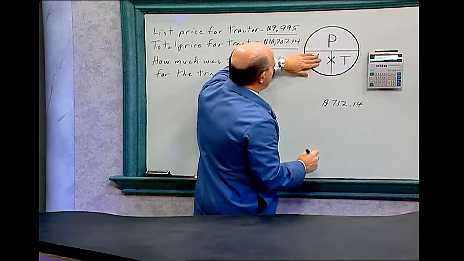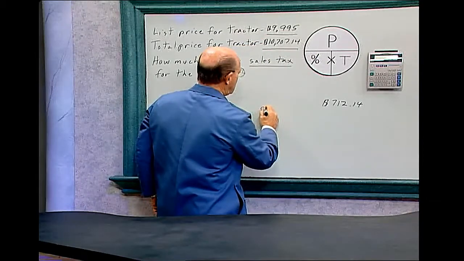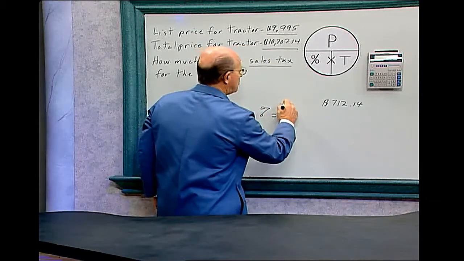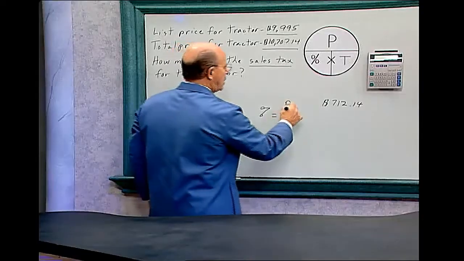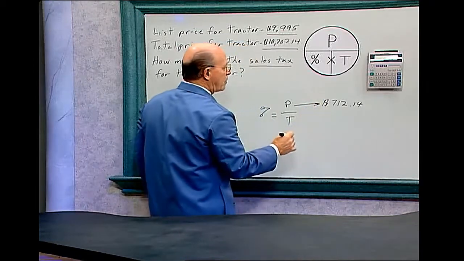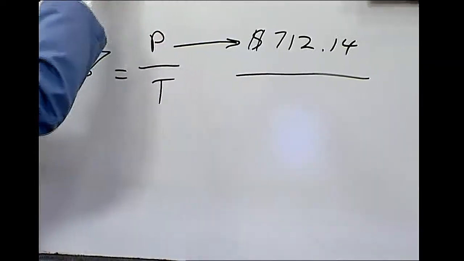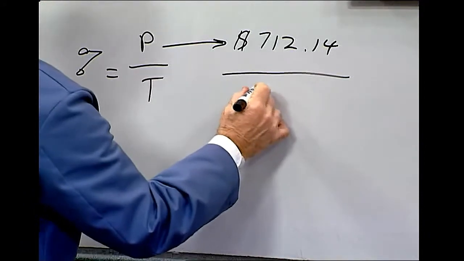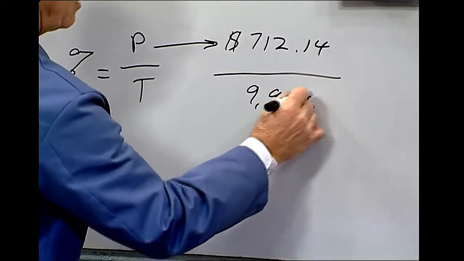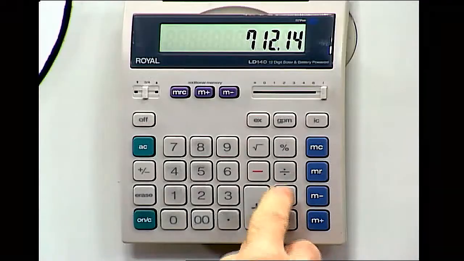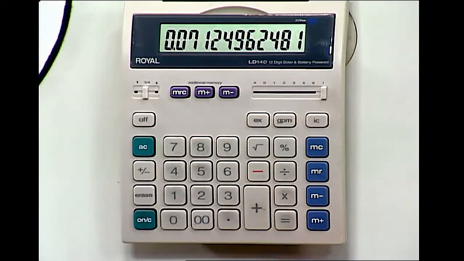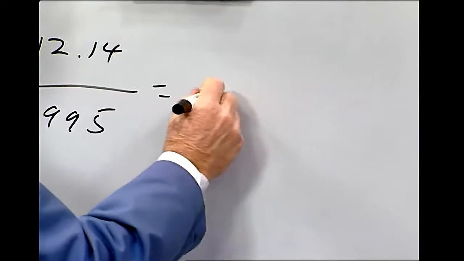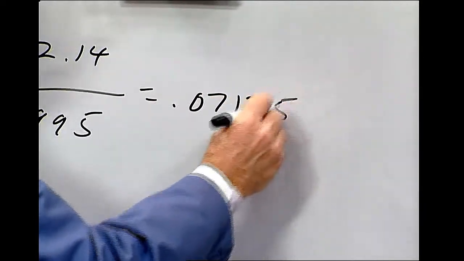We have this. We want to find the percentage. So the percentage equals part over the total. And so the part is $712, and the total would be, we divide that by $9,995. So let's divide that then by $9,995, and notice that it equals 0.07125.